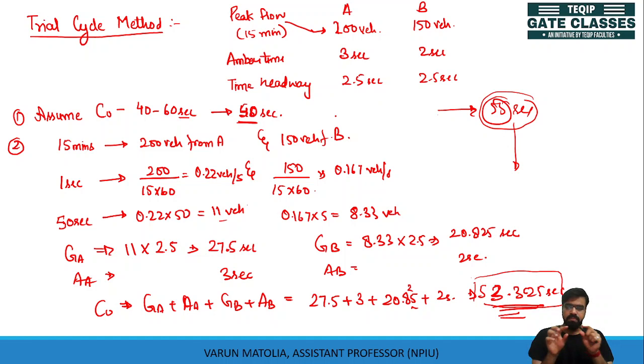But some things out of these will be asked, like on what parameter does your trial cycle method depend. So you can say that the trial cycle method depends on the maximum or the peak flow value at the intersection.